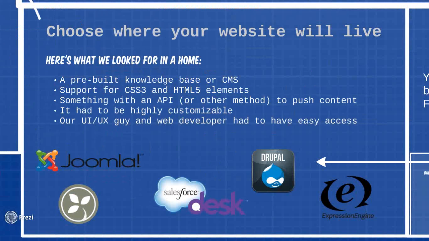So here's what we looked for in a home or a web host. We wanted a pre-built knowledge base or CMS. The reason for that is we wanted an off-the-shelf product that we could shove our content into without having to build a website from scratch. This would save us on development time and generally make it easy in theory to maintain, and so far it has been.